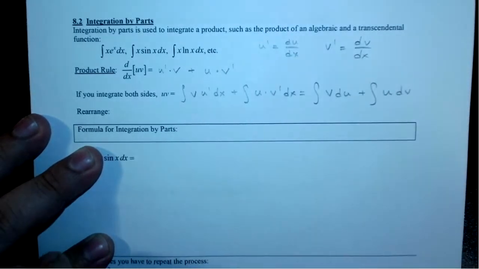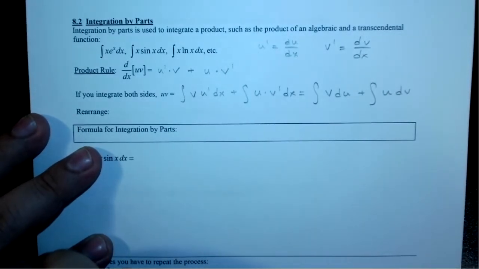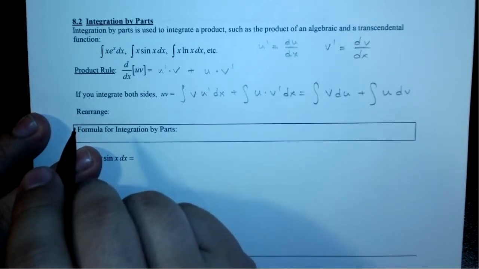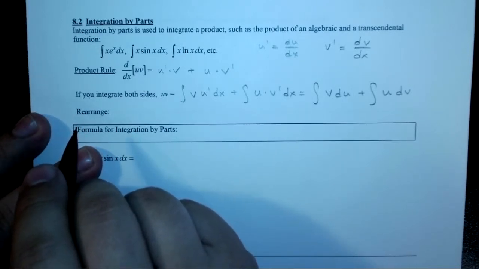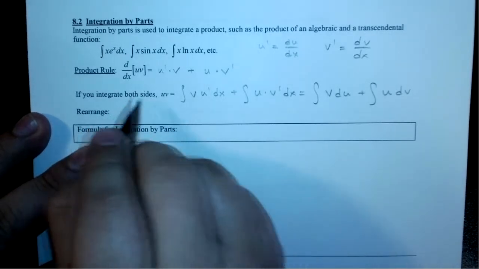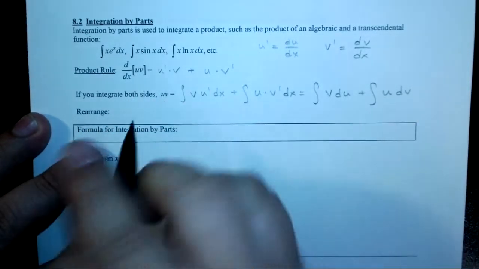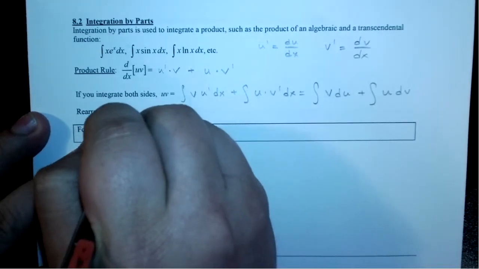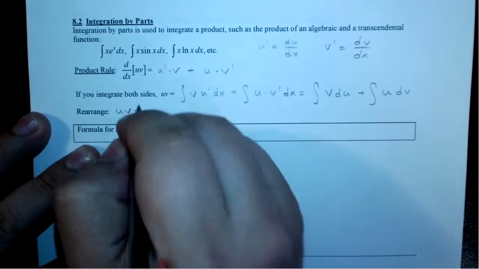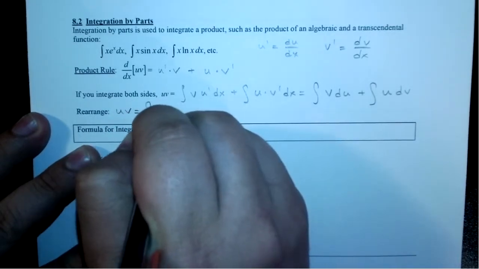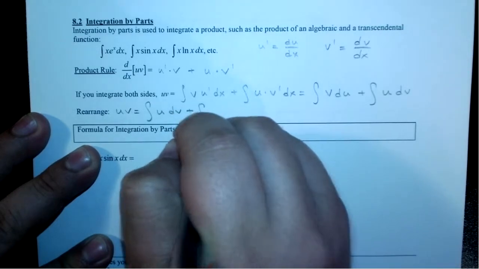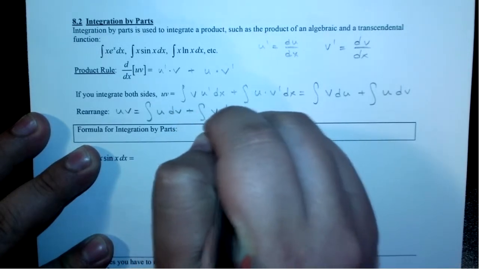Okay, now if we do a bit of rearranging, I'm going to just flip these two, such that we have uv is equal to the integral of u dv plus the integral of v du.